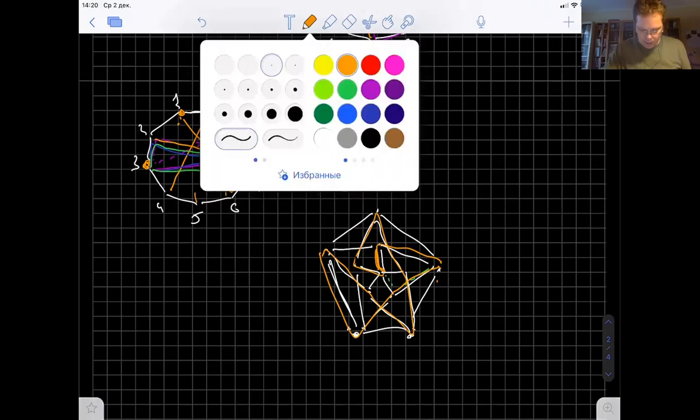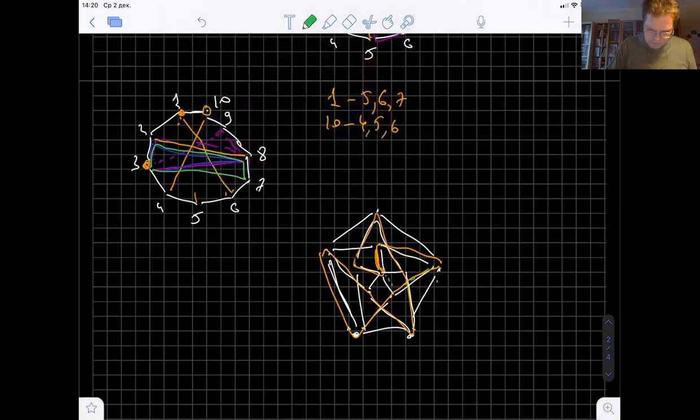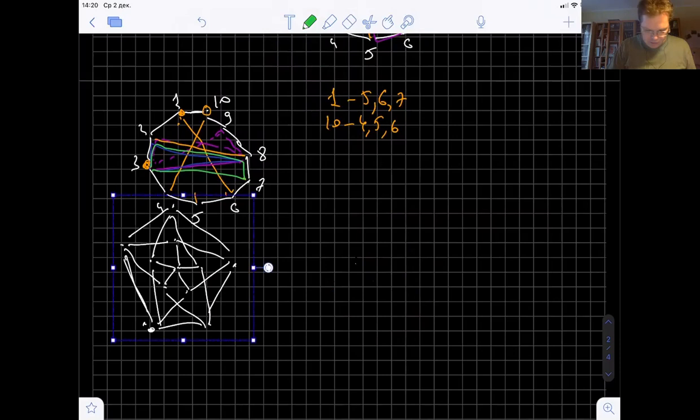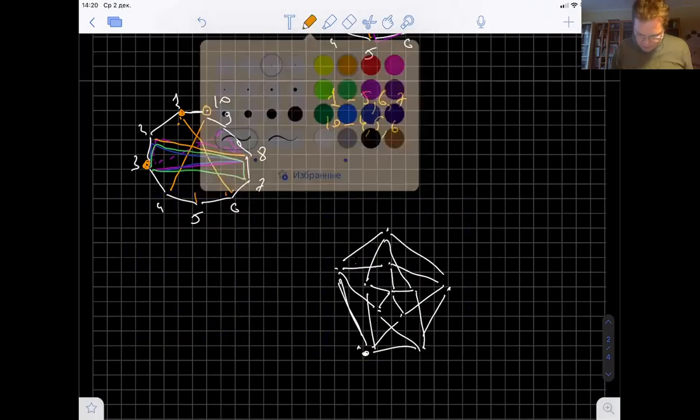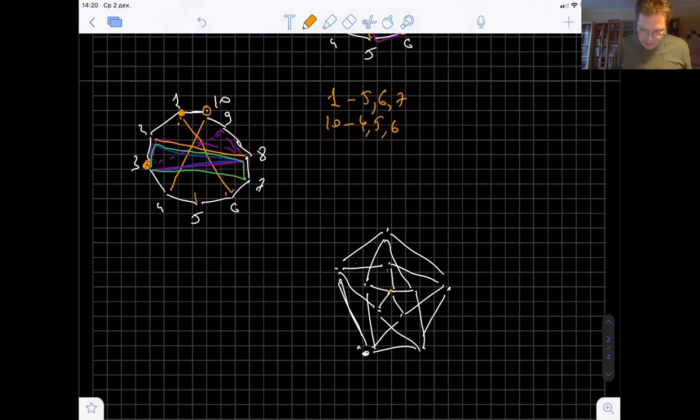So I would just do the following. I assume that I start from the center. Maybe I will try it from the beginning. So I start from the center, and then I go. I use every edge I can use, and then I go to the border. I can also, by symmetry, go to the other border.